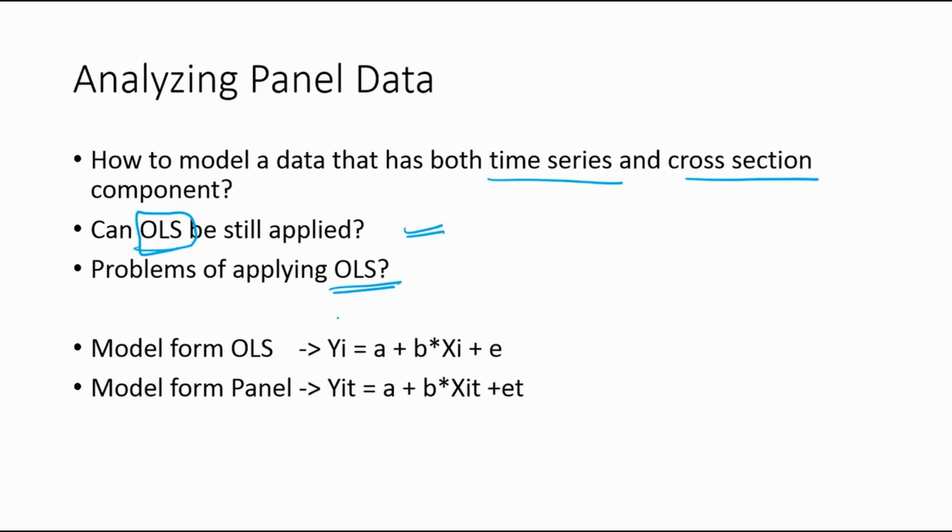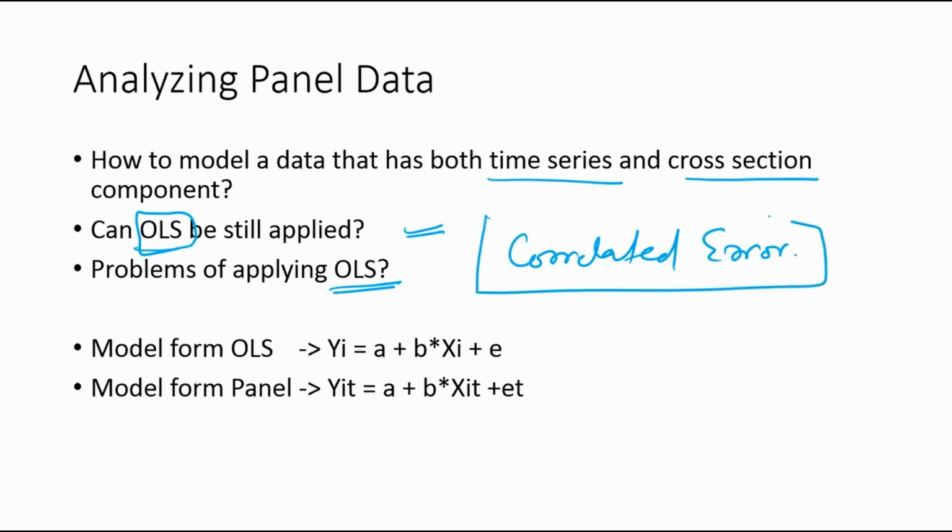There are going to be problems using OLS in panel data analysis. Not always though, but there are instances where you will have problems, and one of the main reasons is because you will have correlated errors. We'll talk about it, and when there are correlated error terms.